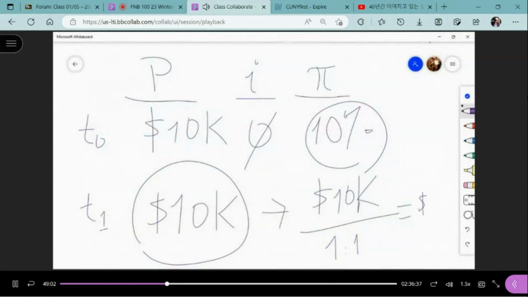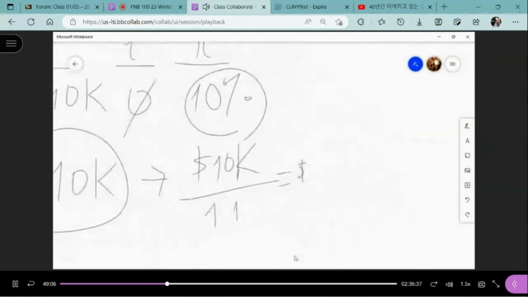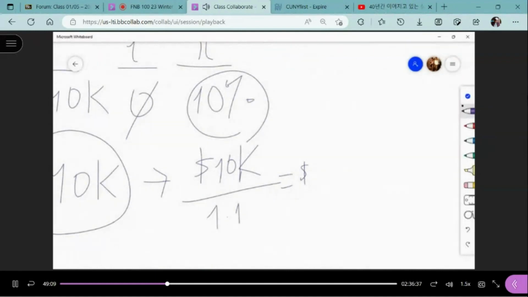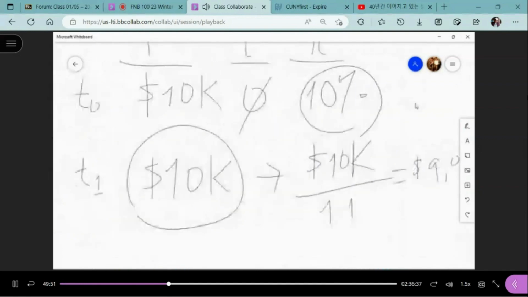So if there has been 10% inflation, 1 year later your nominal $10,000 will still be $10,000, but in real purchasing power, your $10,000 can only buy as much as what 9,090 could buy today. So the purchasing power of your money is eroded by inflation.